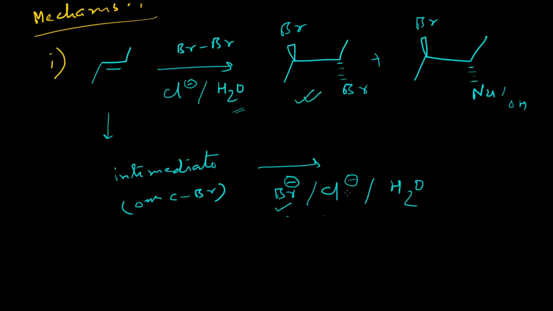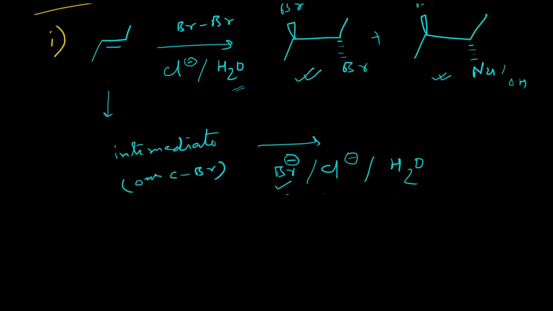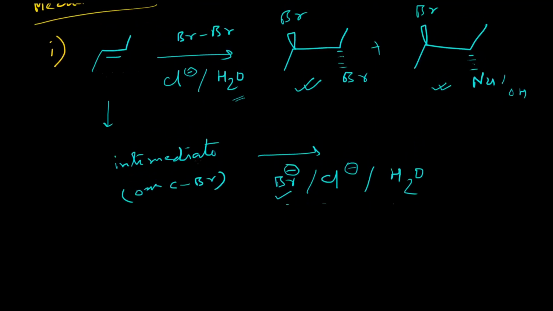But if Cl minus or H2O attacks the intermediate, then we will get this additional product, where one bromine is replaced by either OH or Cl. So this confirms that the reaction is proceeding via two steps, not one step.